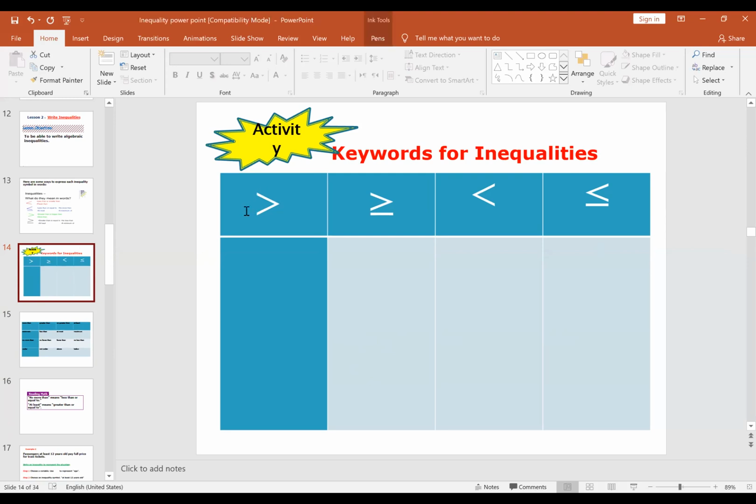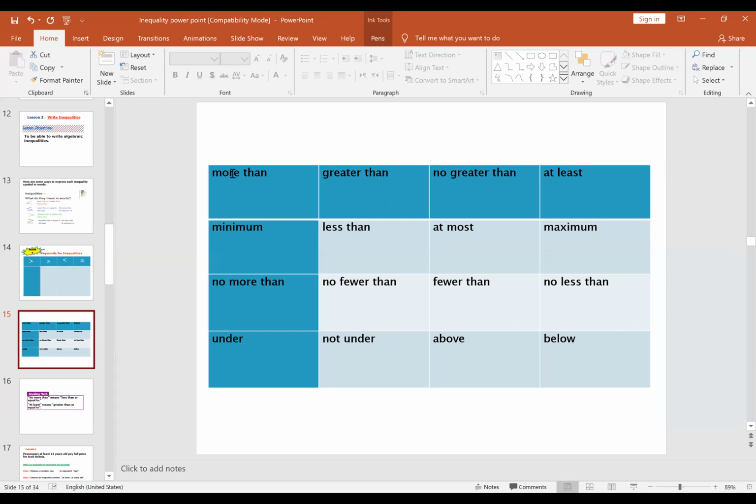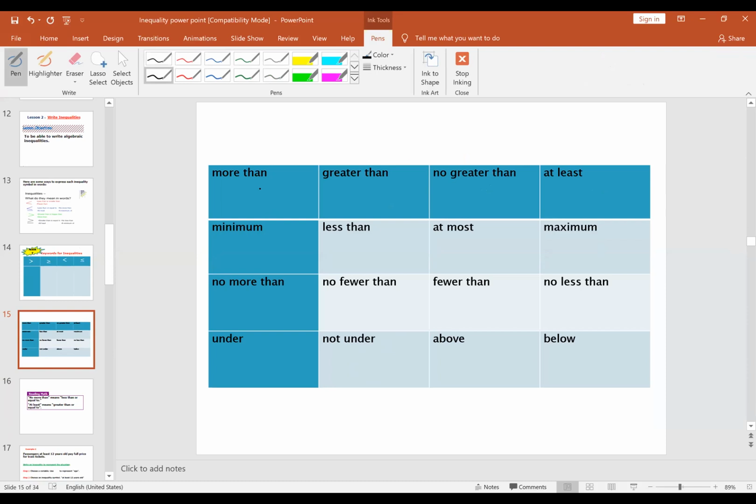So one of the words, we have more than, which is, I'll use another color. More than means greater than. No greater than means less than or equal to. At least means greater than or equal to.